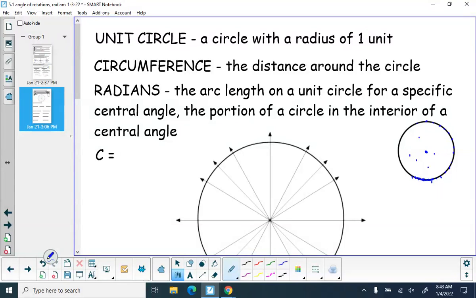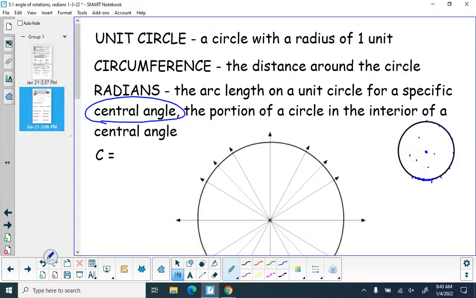Well, we have some ideas that we're going to talk about here that take us back into geometry. The idea of a central angle. By definition, a central angle is an angle whose vertex is at the center of the circle.